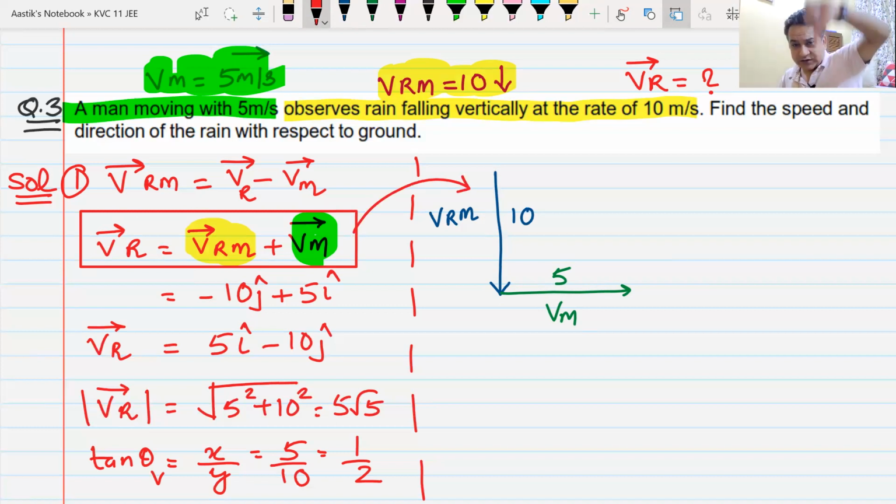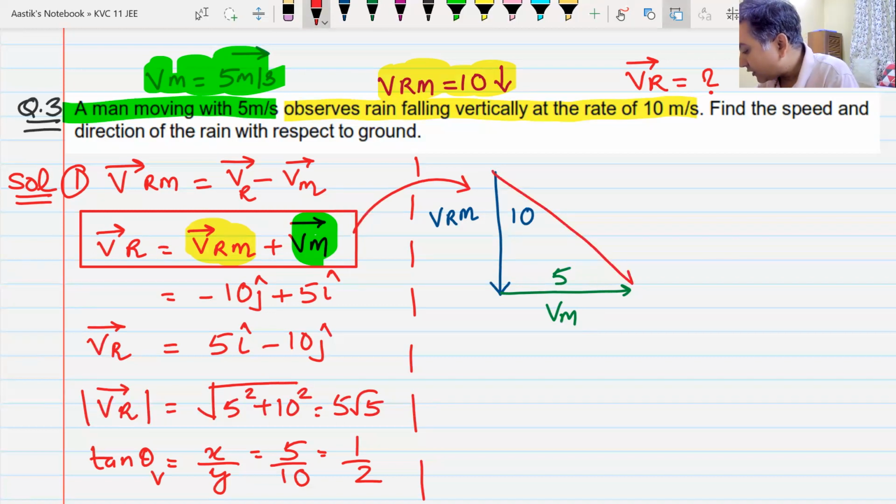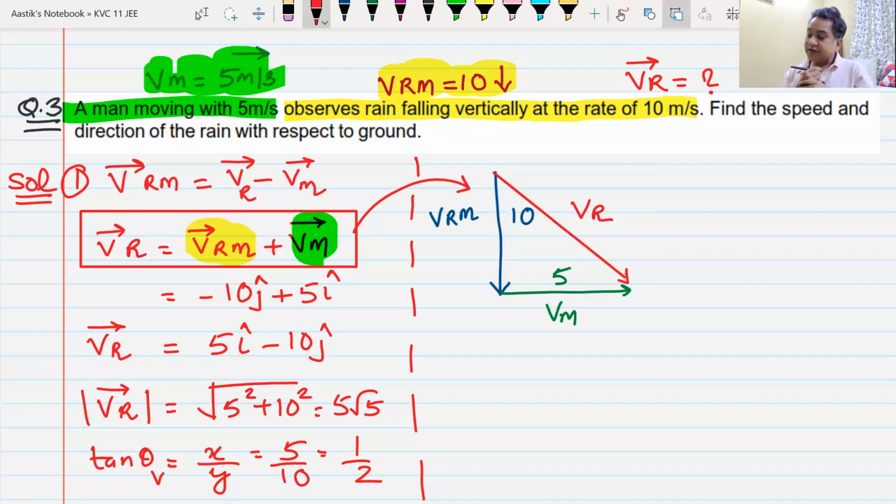Velocity of rain with respect to man plus velocity of man will give me this vector, which is, by the triangle law of vectors, velocity of rain with respect to ground. Yes or no? This is a right angle triangle, so you can simply find out the length of this side, 10 square plus 5 square. And you can easily find out this angle, tan theta.